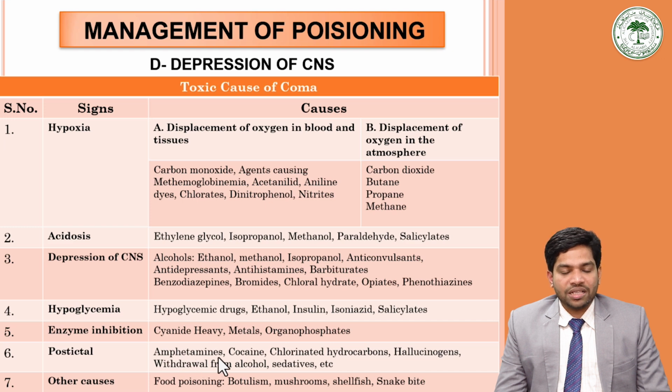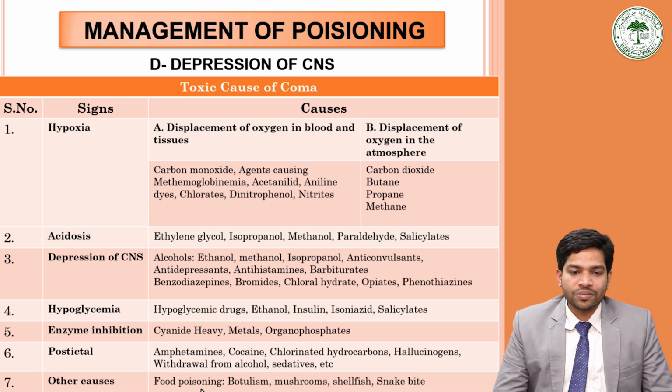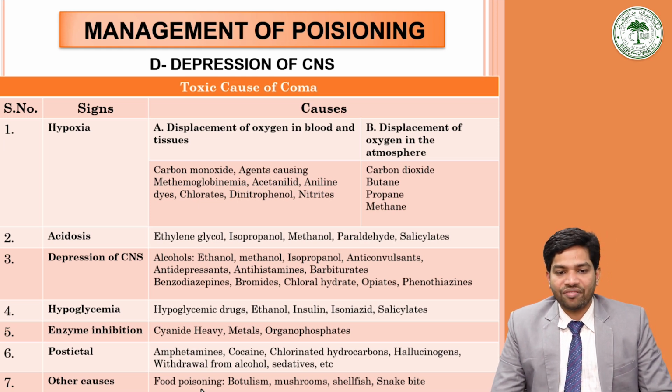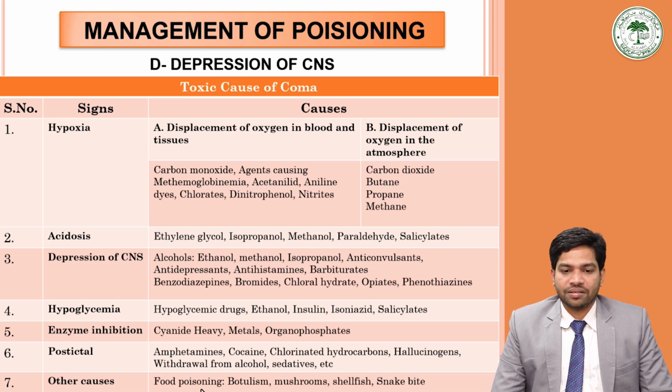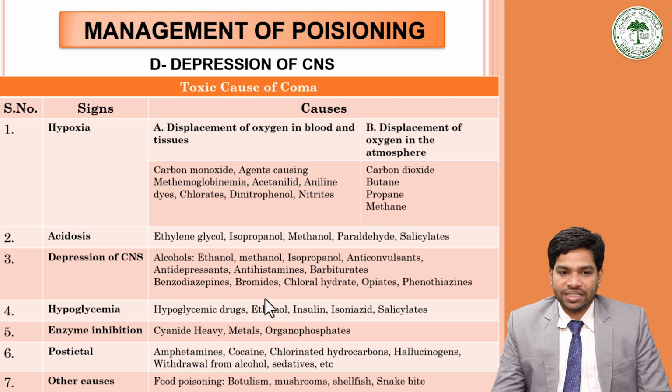Post-ictal coma is produced after amphetamines, cocaine, chlorinated hydrocarbons, hallucinogens, and withdrawal from alcohol and sedatives. Among other causes, food poisoning like botulism, mushroom poisoning, shellfish poisoning, and even neurotoxic snakes can cause a comatose condition in patients.